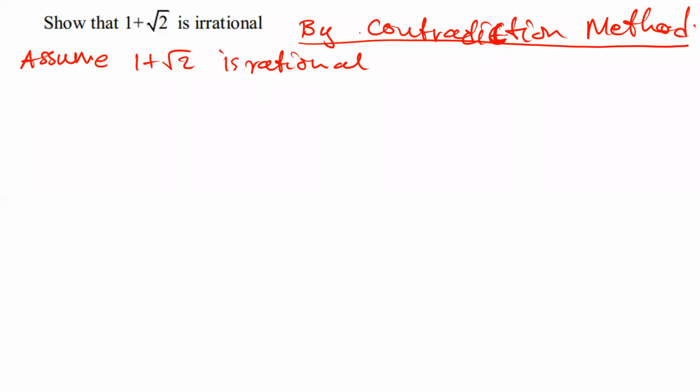The other method you can use to prove that this is irrational is also proof by contradiction, but you first prove that the root of 2 is irrational, and then when concluding, you simply say the addition of a rational number and an irrational number results in an irrational number, and hence 1 plus the root of 2 is irrational.